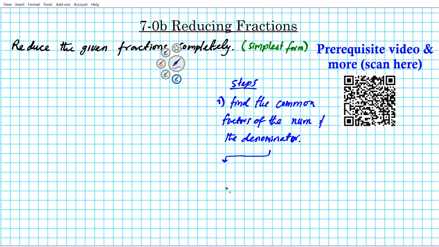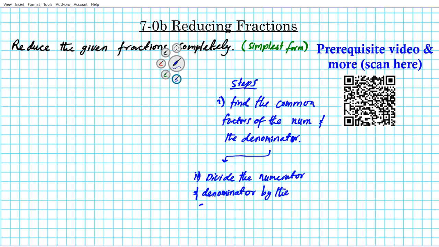After finding the common factors of the numerator and the denominator, step two for what I'll call the GCF method, you're going to divide the numerator and denominator by the greatest common factor.